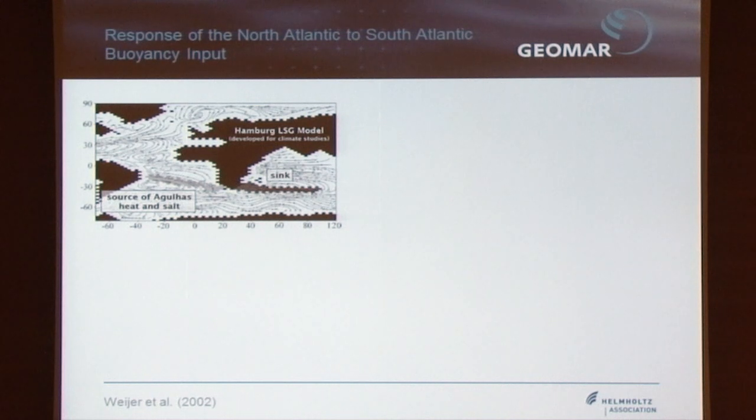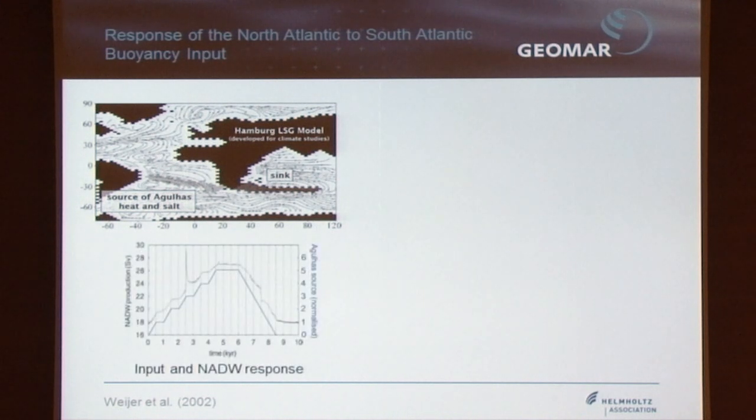So what he did is artificially bring heat and salt from the Indian Ocean to the Atlantic. He basically shifted temperature and salinity in the model from the Indian Ocean to the Atlantic, and then studied the long-term evolution of the Atlantic MOC.